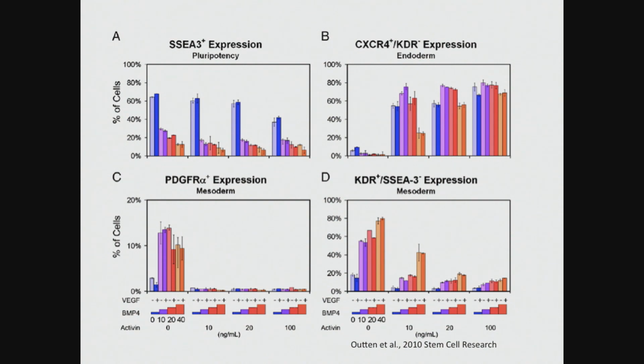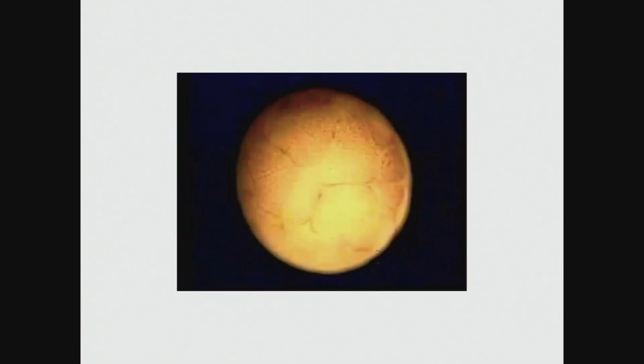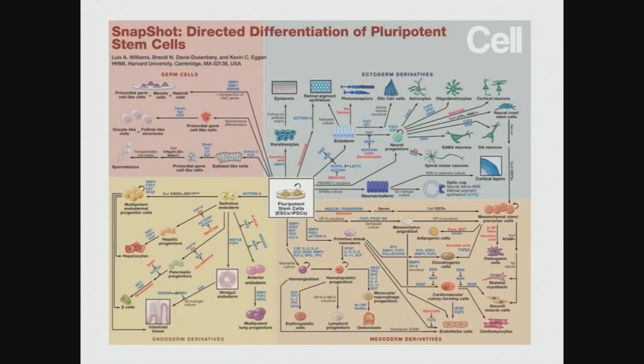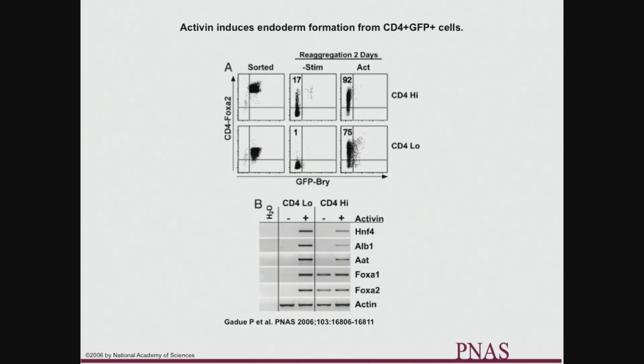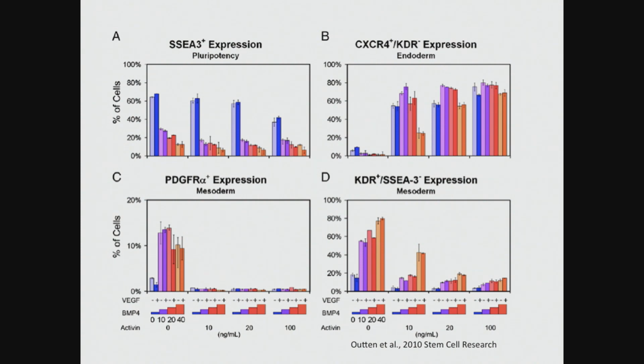So if I pop back quickly to this slide, activin is clearly crucial for induction of definitive endoderm. For many of these mesodermal lineages, the key signaling pathway is going to be BMP4. So we have increasing doses of BMP4 and then increasing doses of activin.